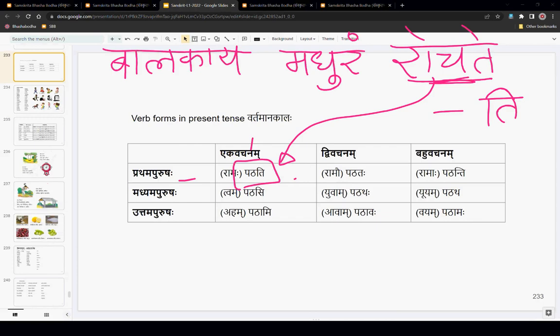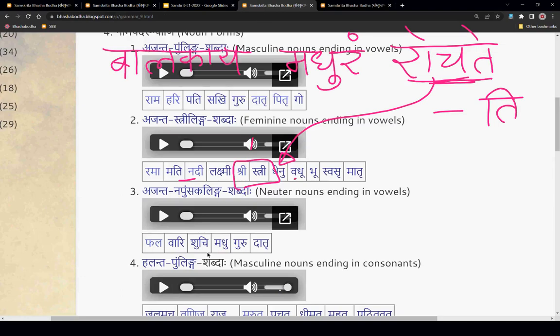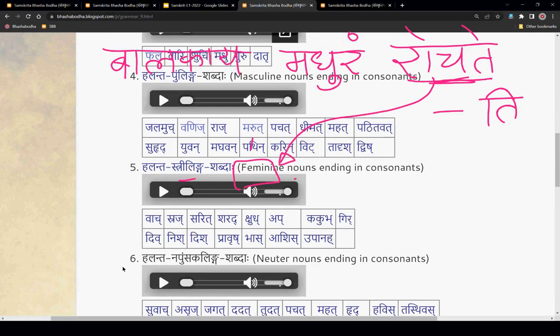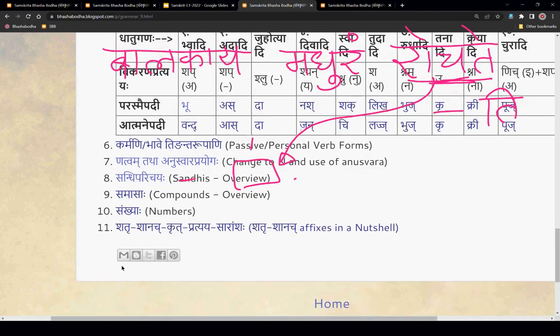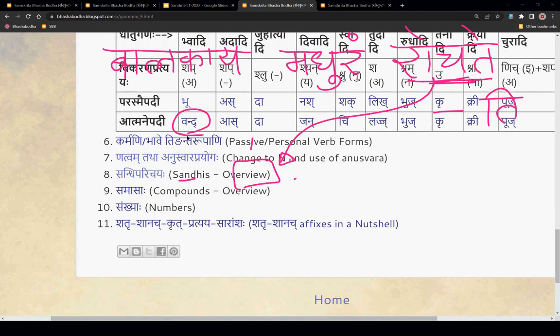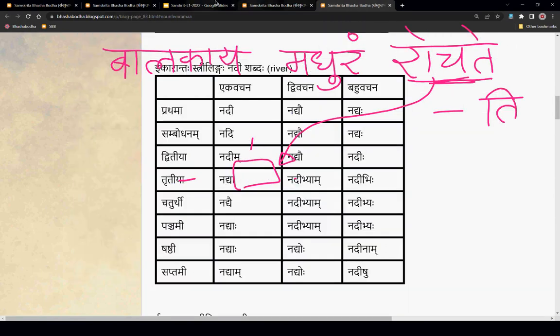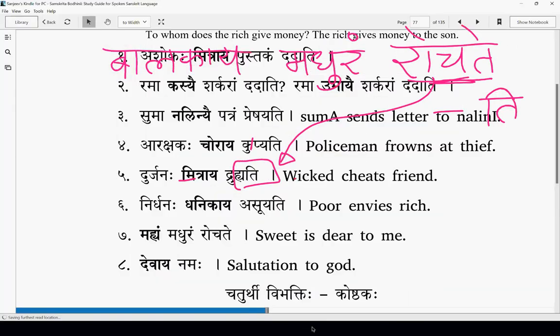So there are many kriyapadas which take a different form in Sanskritam. If anybody is interested, they can look up the word vanda here, which takes a similar form like rochate. But that's not the subject of our study now. So we are just studying the usage here.